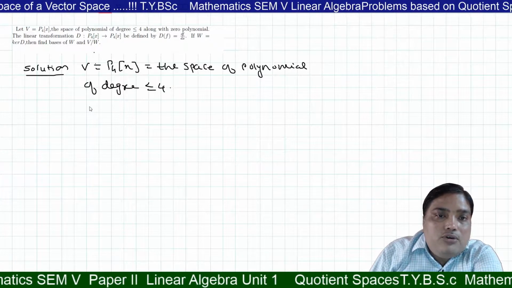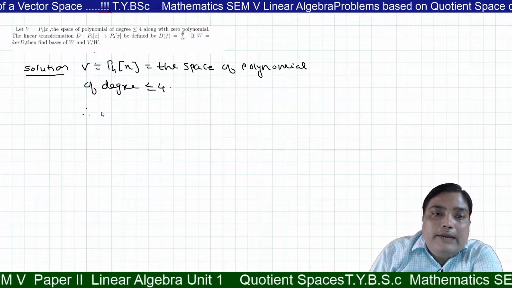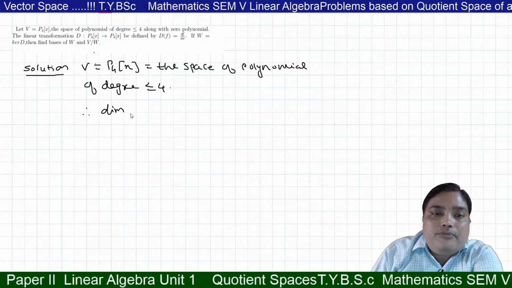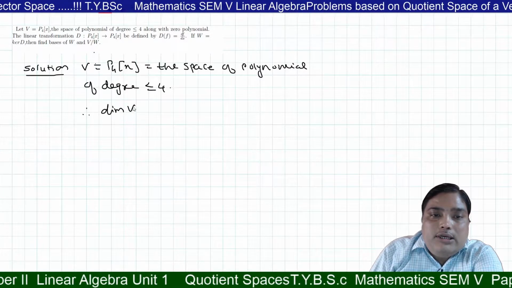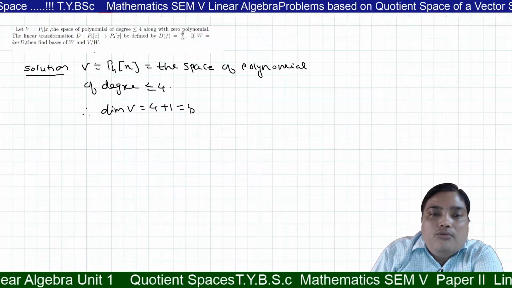So this is the definition of V. We know that the dimension of Pn(x) is n plus 1. So the dimension of V is 4 plus 1, which is equal to 5.